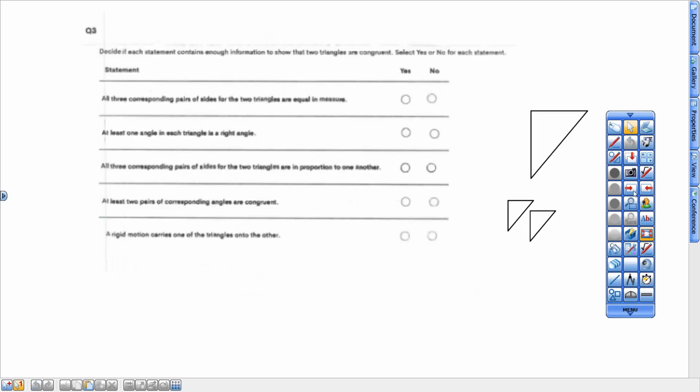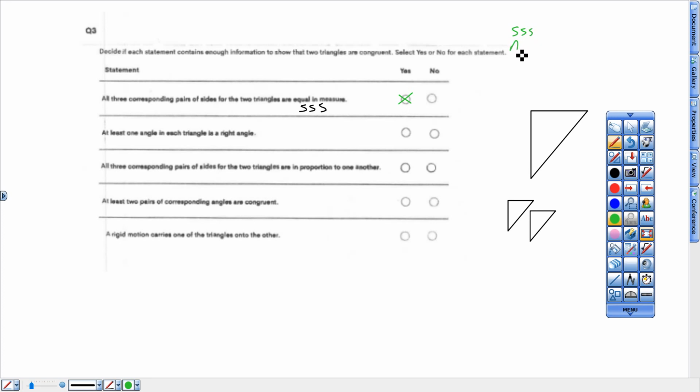Next, this guy, looking at these, trying to help you out. First word is red. Thanks for listening. All right, all 3 corresponding pairs of sides are an equal measure. That means you have 2 triangles sharing 3 sides, side, side, side. That is yes, for sure. Remember all the good ones. Side, side, side.